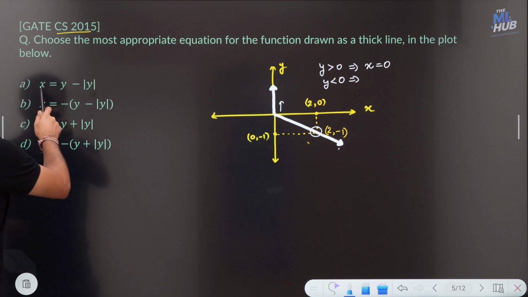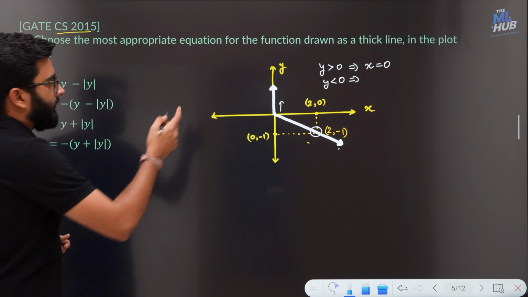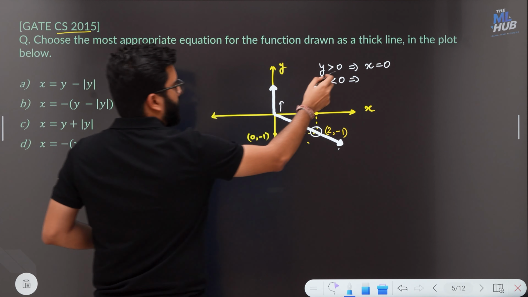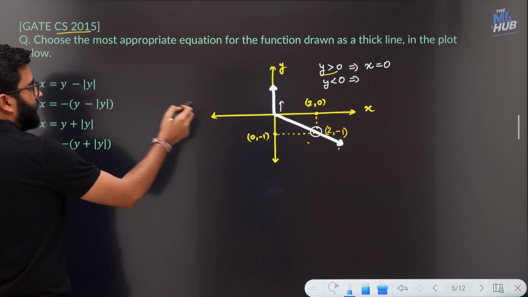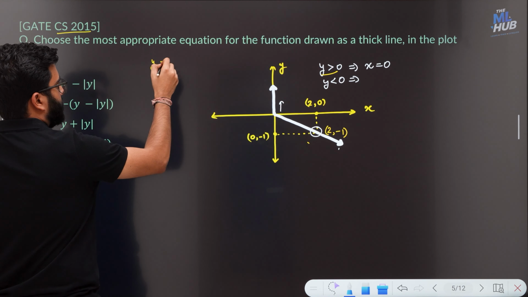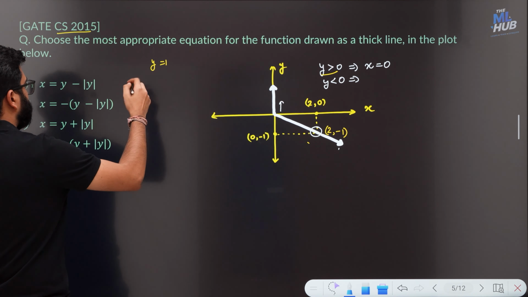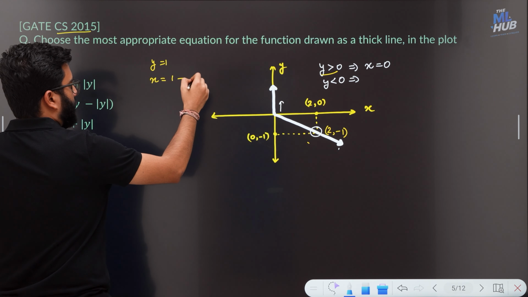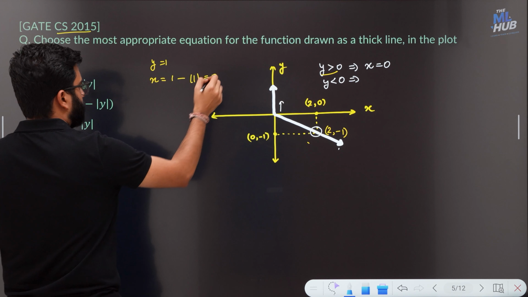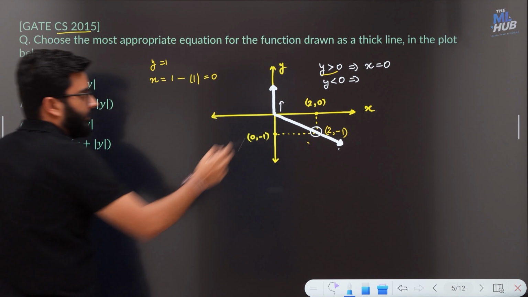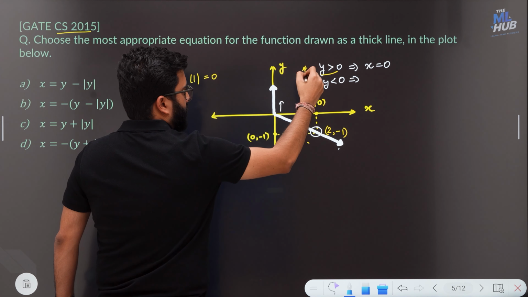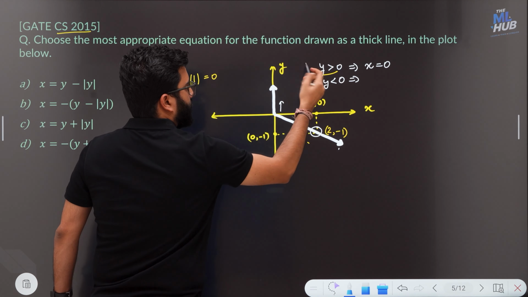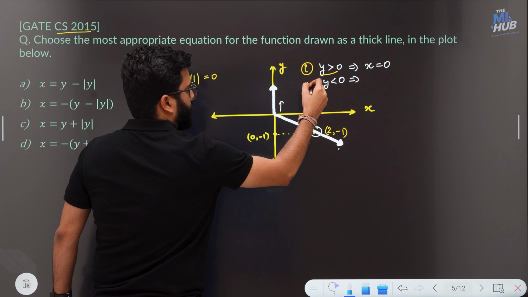So let's see for the first one. We'll place any positive y in the equation. Let's assume y is 1. So it will give us x is equal to 1 minus modulus of 1, which is 0. So this is satisfying the first criterion.